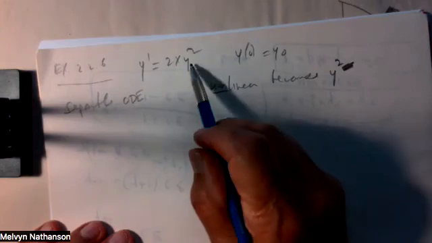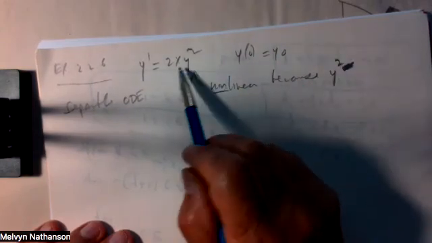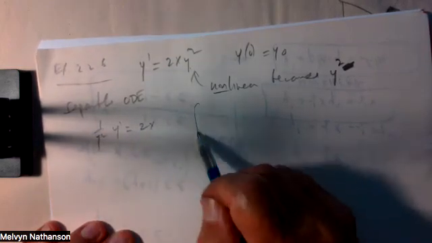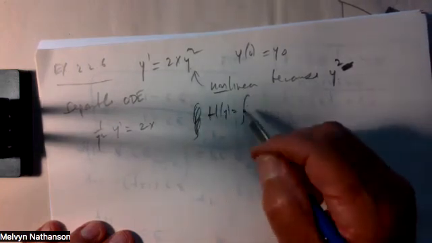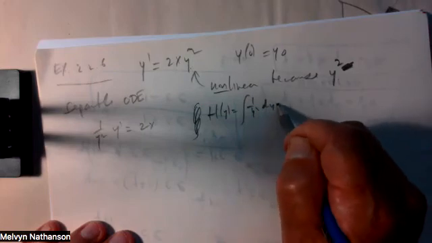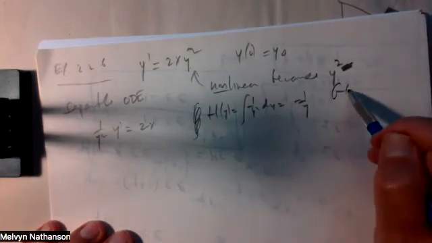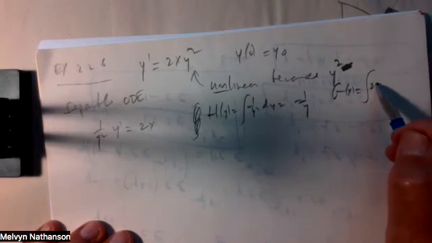For y different from 0, I mean, there's a trivial solution where y is always 0. If y is different from 0, then dividing by y squared, you get 1 over y squared y prime is equal to 2x. Capital H of y, which is the integral of 1 over y squared dy, is minus 1 over y. Capital G of x, which is the integral of 2x, is x squared.